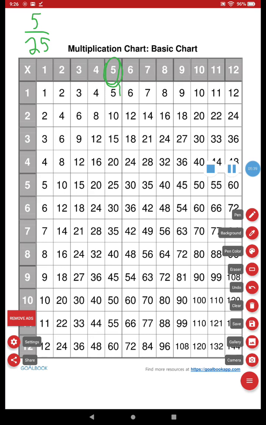I've got a 5, good. 25, there it is. And now I just move to the left until I hit the gray bar. Circle that. Okay, 5 gets simplified to 1. 25 gets simplified to 5. So 5/25 equals 1/5.